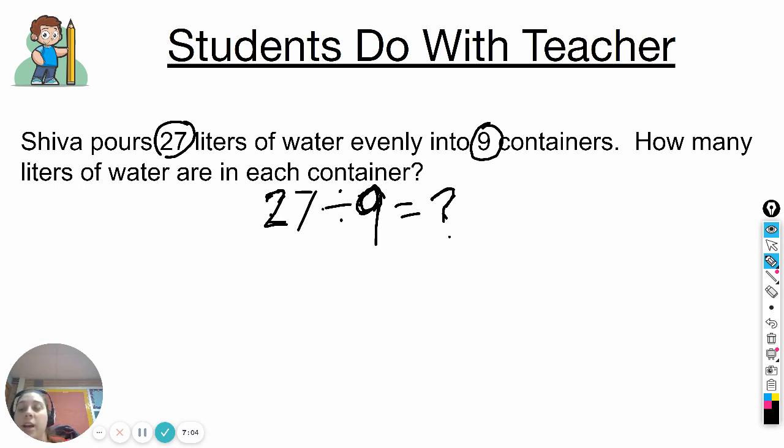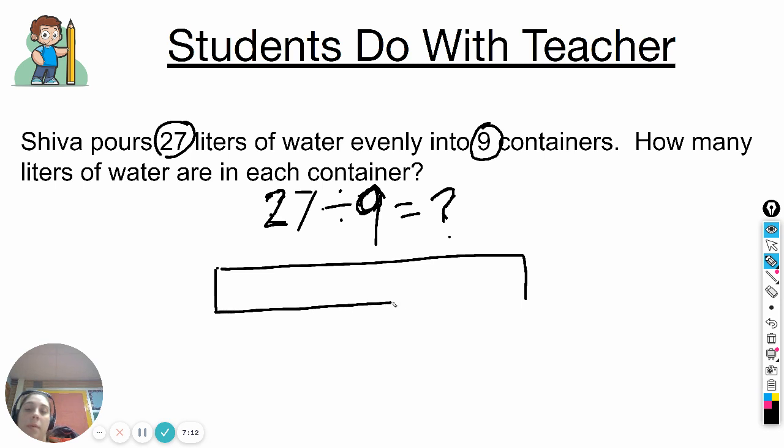Once you have that equation, I'm going to have you draw your tape diagram. So get your nice big piece of tape. We want to make sure we make it nice and big so it's easy to put our dots inside. Then we're going to start to label it.